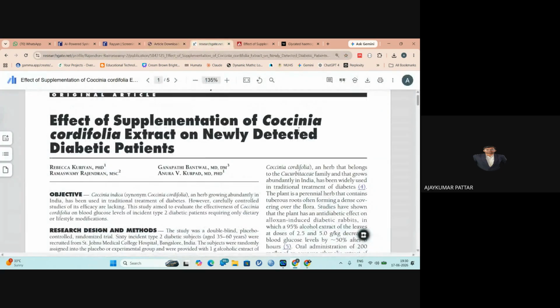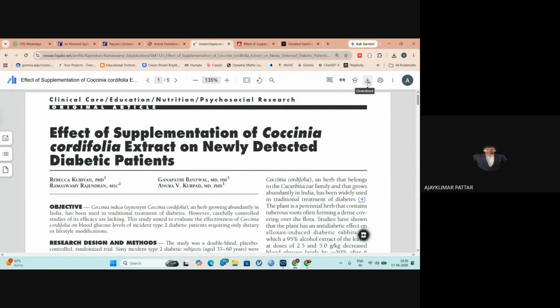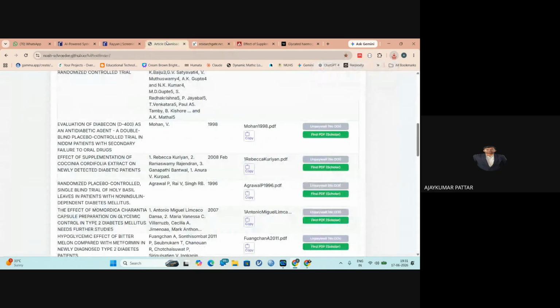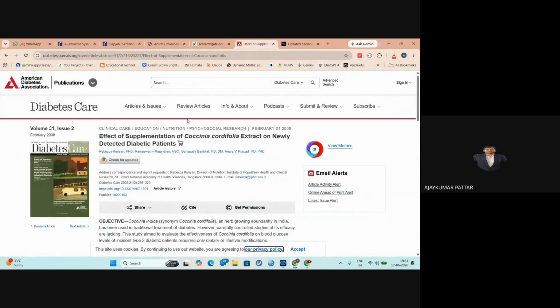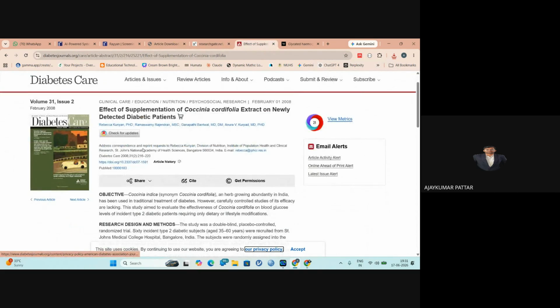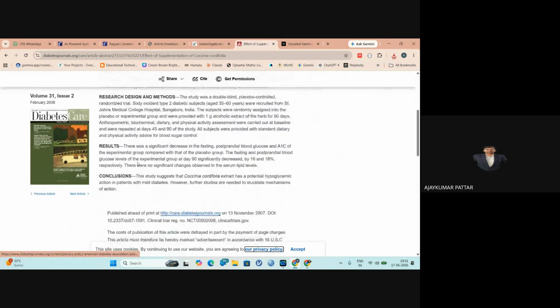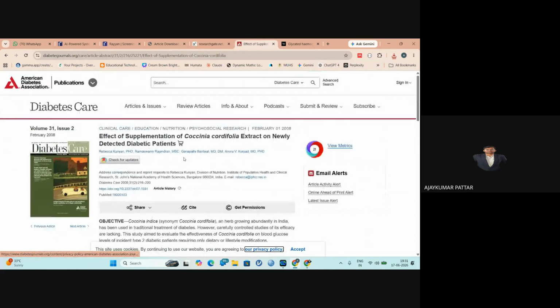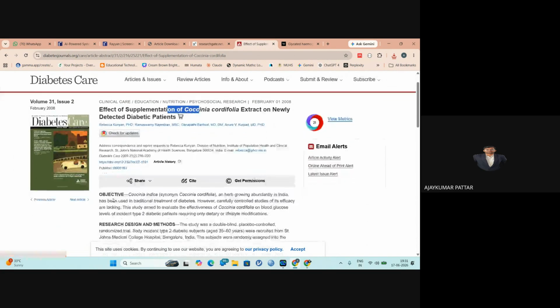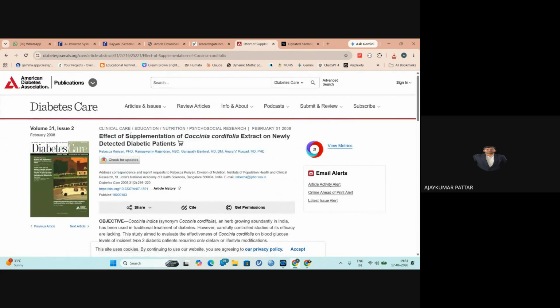So I got the PDF, but this is in OCR format. I will download it anyhow for the purpose of demonstration. Even if it is OCR, no problem. But here the PDF option is connected to this Diabetes journal, the supplementation of Gymnema sylvestre extract in newly detected patients. So here also you can download if a download option is there.